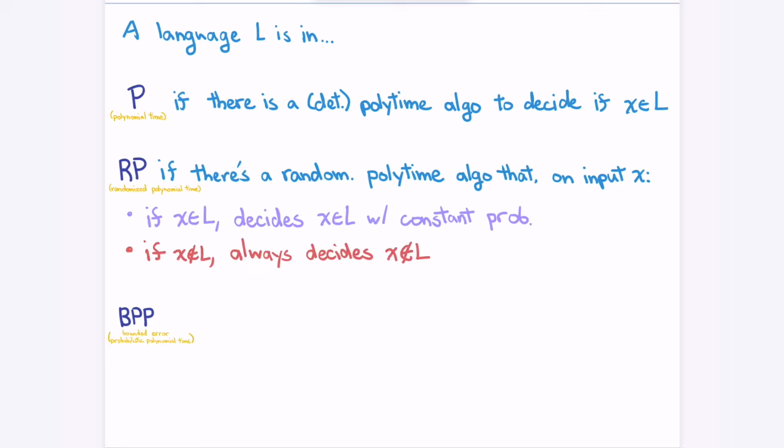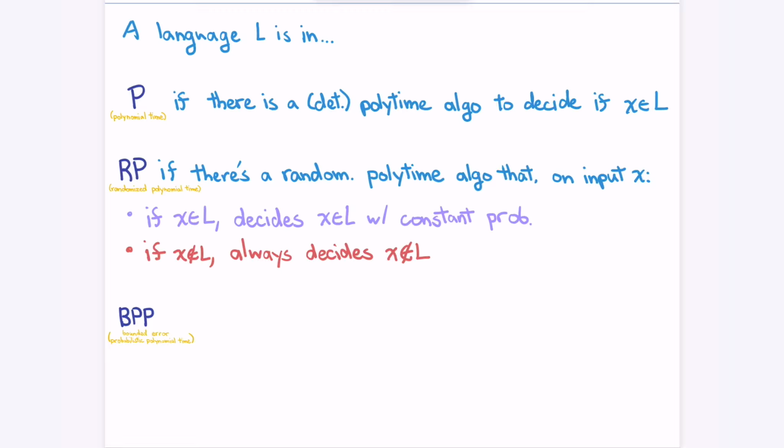And if X is not in the language, it should always return fail. So for example, on the midterm, we had that graph coloring problem. Your algorithm should always reject something that can't be colorable because you should only accept if you actually came up with a coloring. And sometimes you'll come up with a coloring, right? So that was an RP algorithm. If the answer is yes, hopefully you'll say yes, probably you'll say yes. If it's no, you always say no.